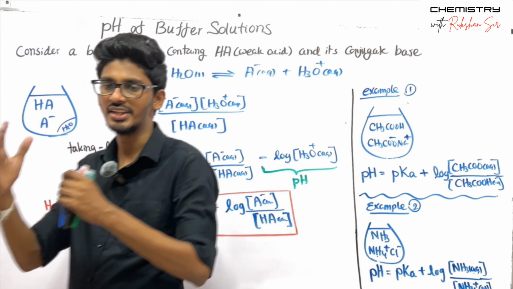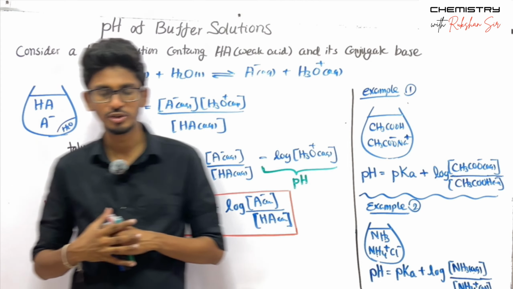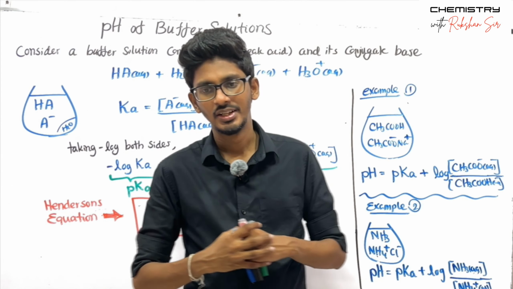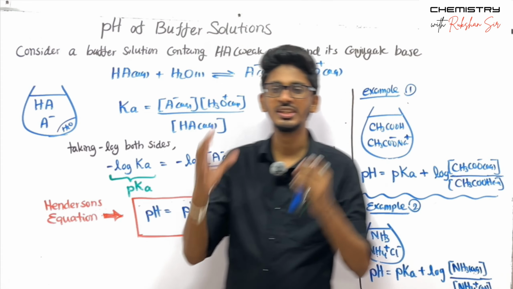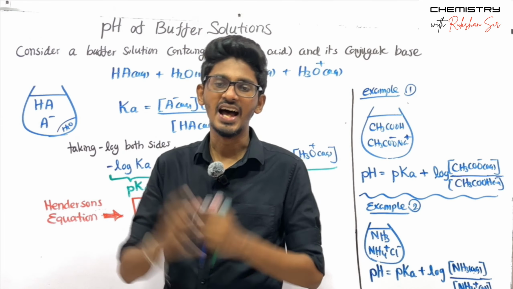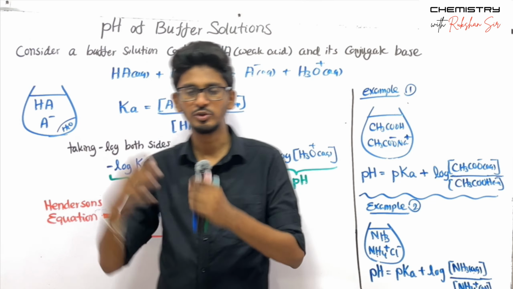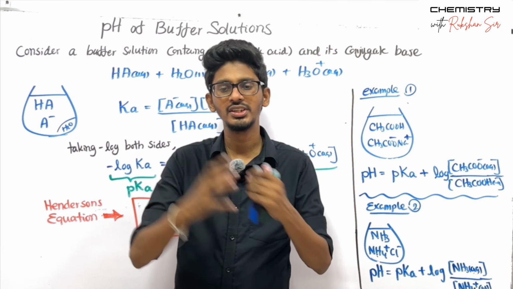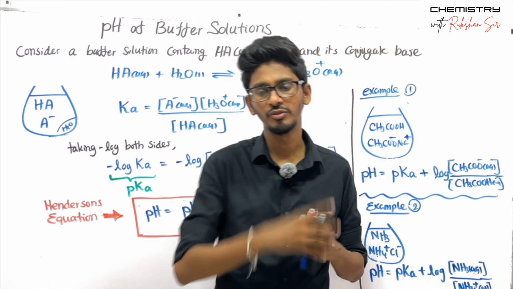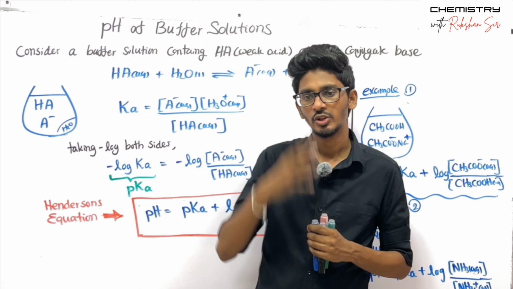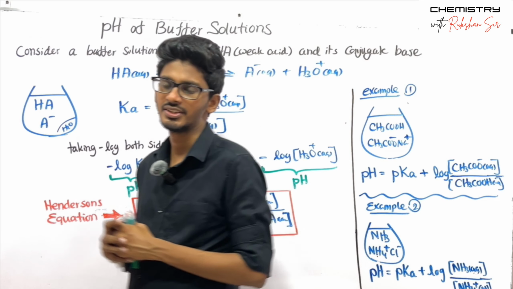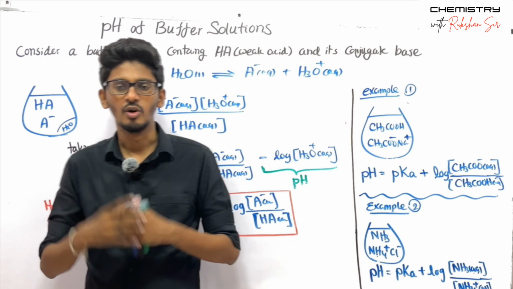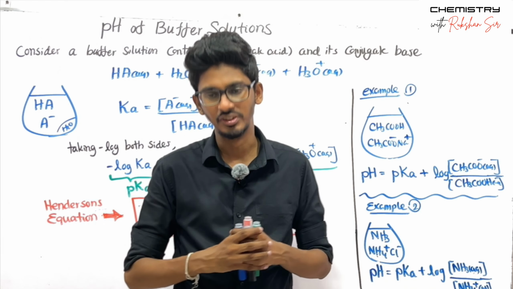The ratio is exceeding 1 to 10. So such a solution is capable of neutralizing the acids very effectively, as 20 moles of base are there, but not the bases. Just 1 mole of acid is there. So such a solution can't behave or act as a buffer effectively.